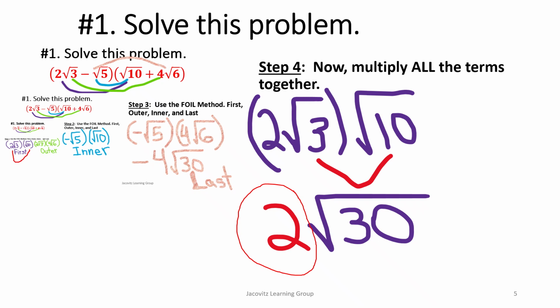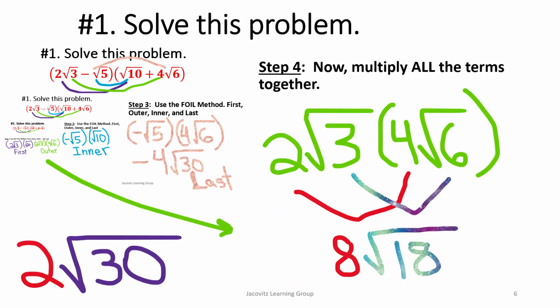Since it's outside the square root symbol, it cannot be multiplied by anything else, because remember, you're doing like terms. So very simply, that's what you're doing, and that's your first term. So we're going to hold it over. Here it is held over, 2 times square root of 30.